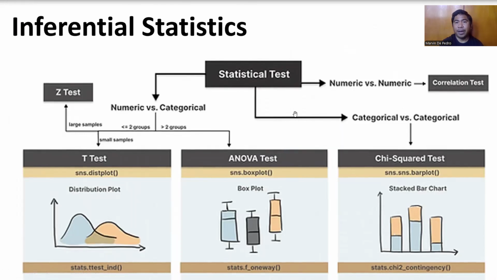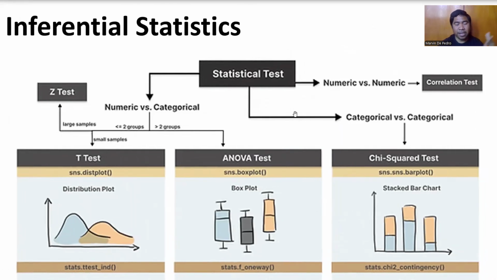Okay, what are our variables and the data they hold? Are they numerical in nature or categorical? If both of our variables are numerical, then that's the time that we can perform correlation tests and regression.